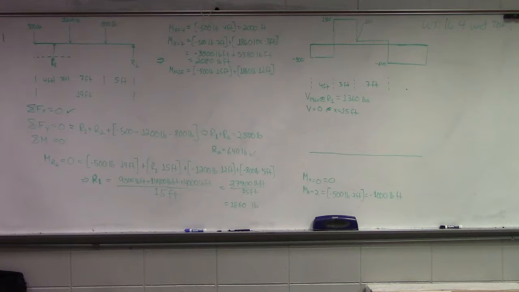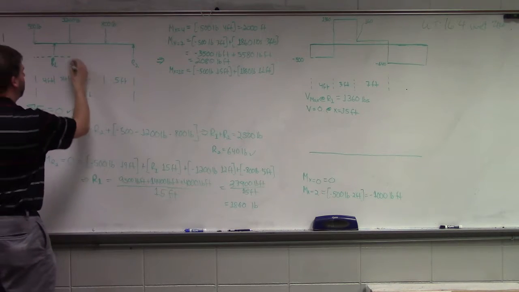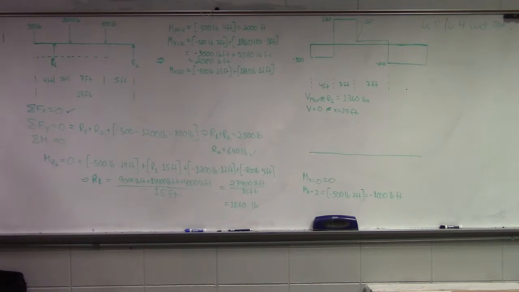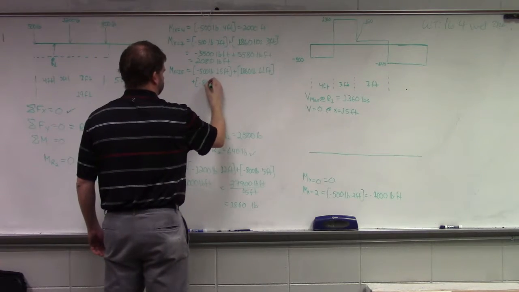That wouldn't count the 800 though, because 800's at 14? Yes, we would, because we're now past it, we just crossed it by a foot. So now it'd be negative 800 times 1.